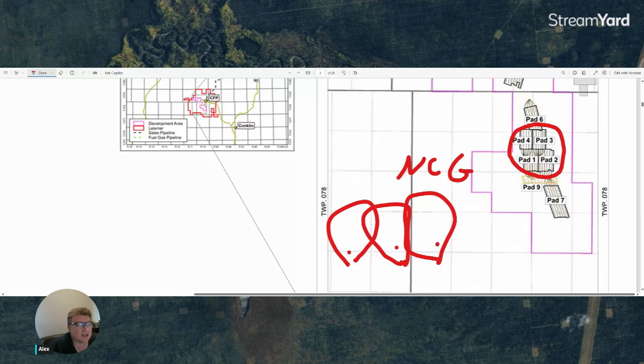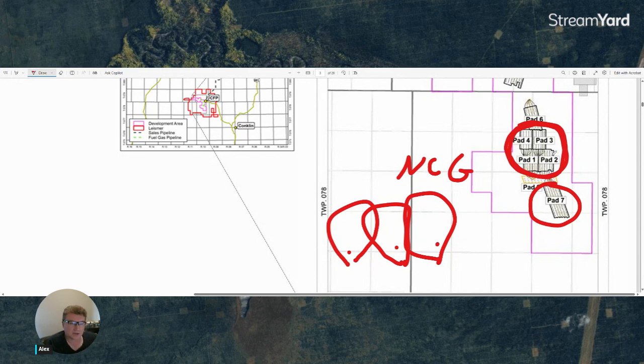So in this specific case, for whoever is watching under Leismer, you can extract information associated with pad 7 maybe independently because it doesn't coalesce with anything. But when you look at pad 1, 2, 3, 4, you may want to extract all of them and aggregate together and look at this as one system.